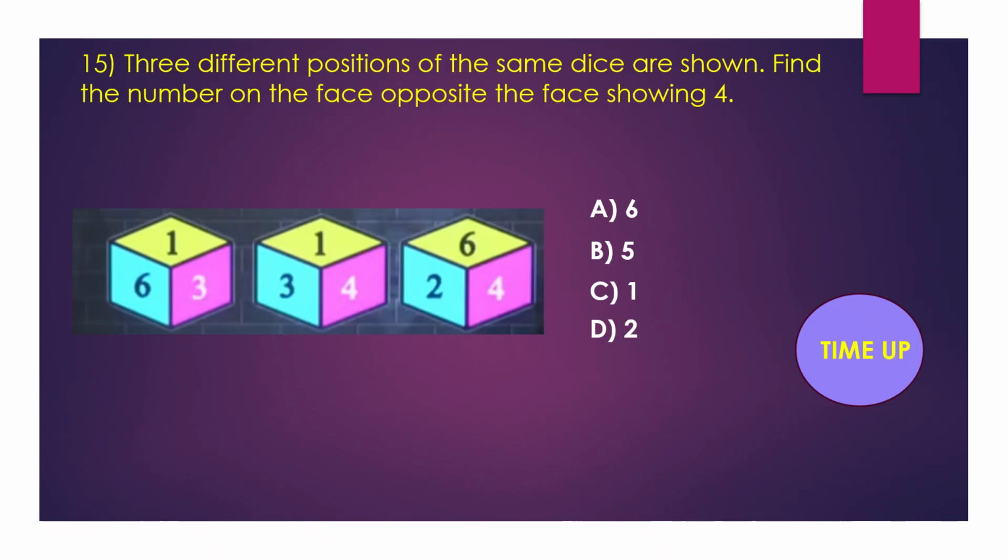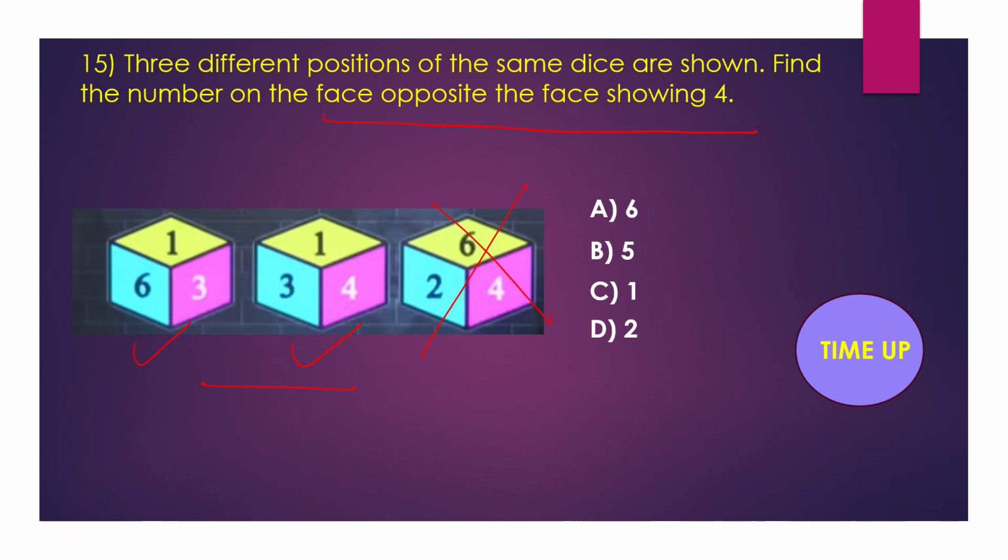So three different positions of the same dice are shown. Find the number on the face opposite to the face showing 4. So three dice are given to you. See in which two dice you can see the common faces. If you see carefully, the first and the second dice, ignore this one.